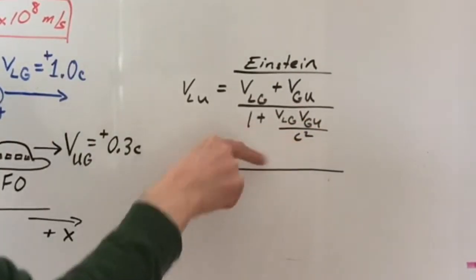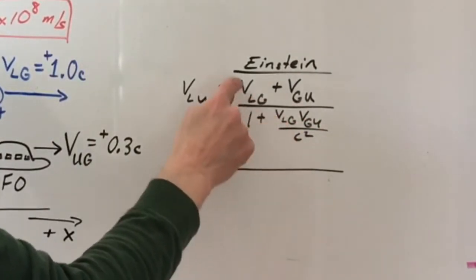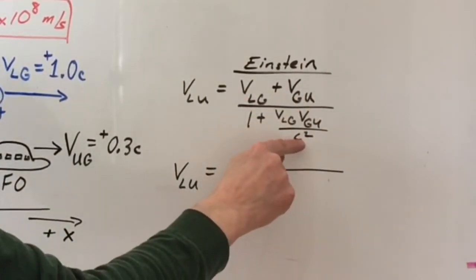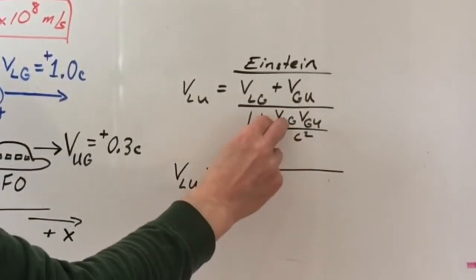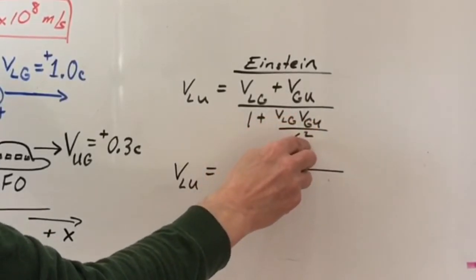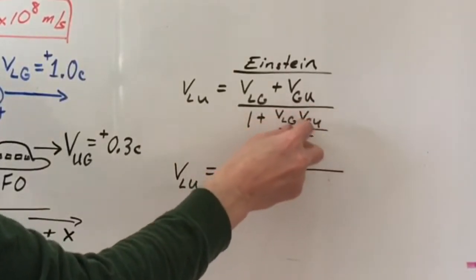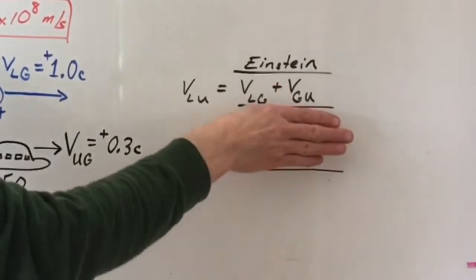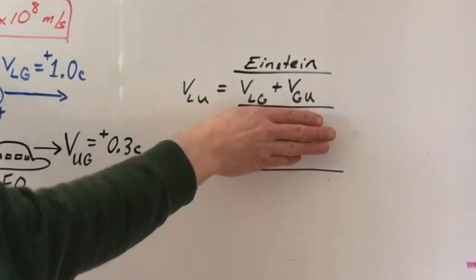But now I have a denominator, 1 plus this velocity goes here, that velocity goes there, divide by the speed of light squared. All right, so this has units of speed times speed divided by speed squared. This little chunk right here has no units, so when you add it to 1, it has no units. All right, so the denominator has no units.